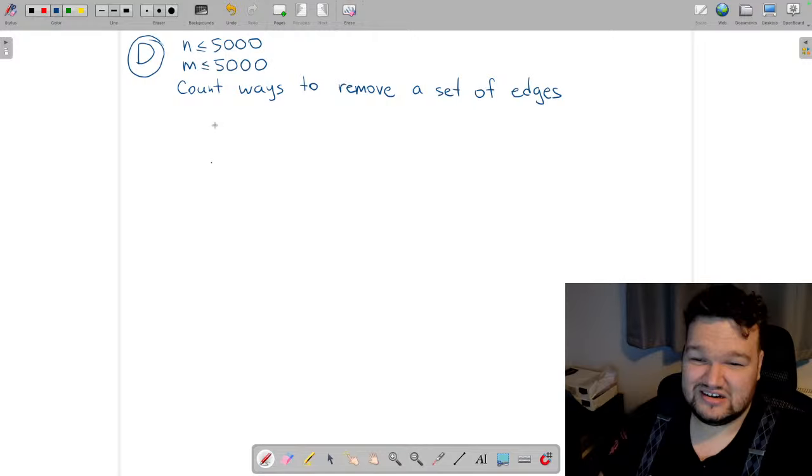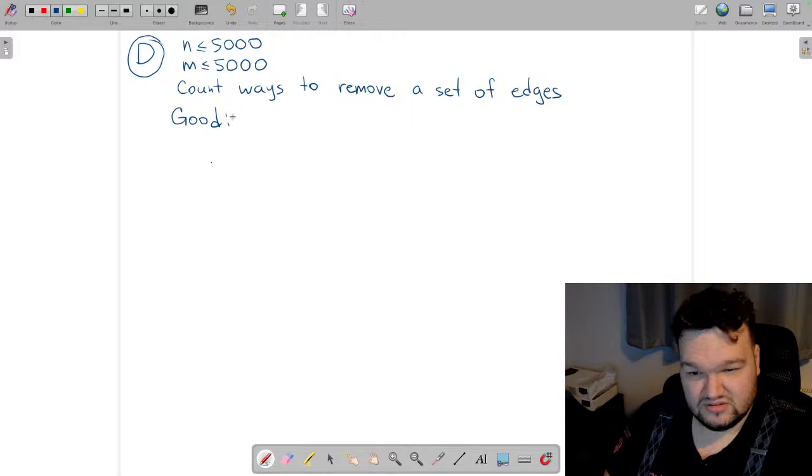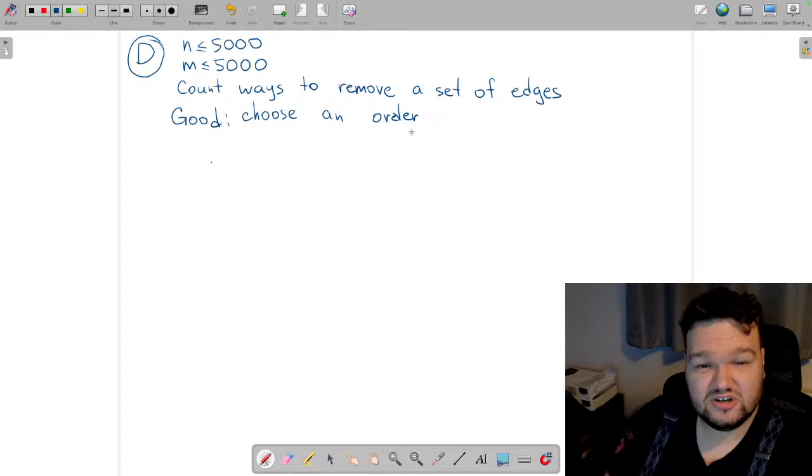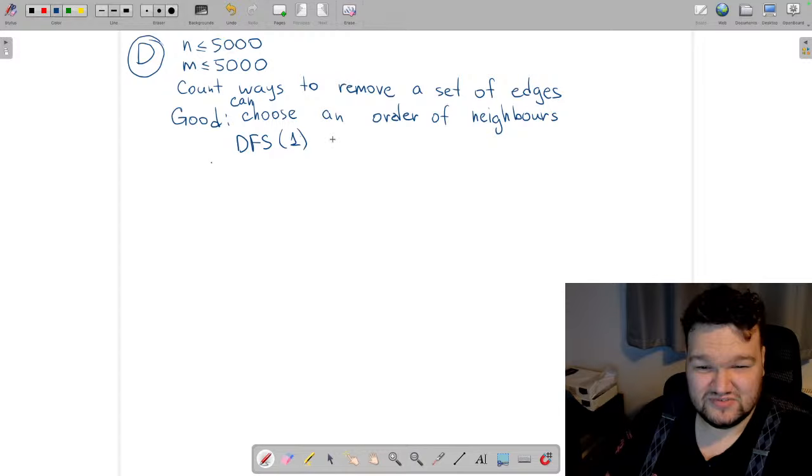What does it mean that the graph is good? The graph is good if we can choose an order of adjacent edges for every vertex, the order in which we consider neighbors for every vertex, so that if we run a DFS from vertex 1, then the order in which we visit the vertices will be 1, 2, 3, and so on.